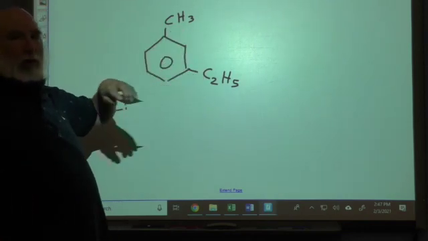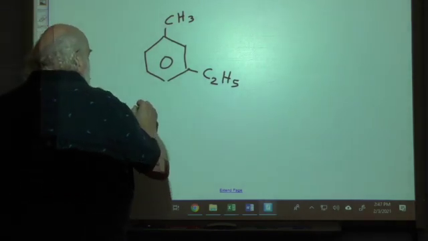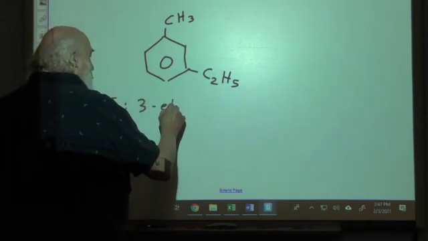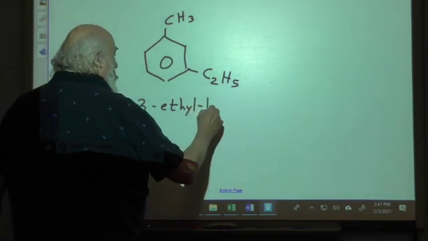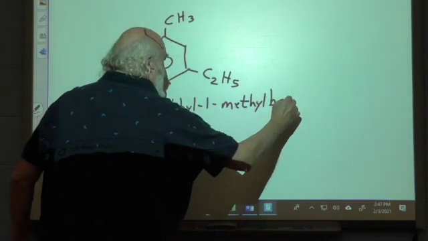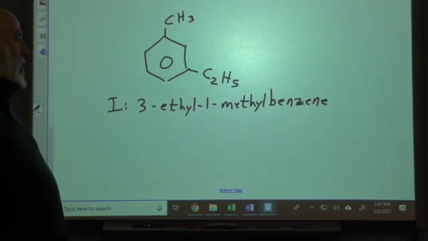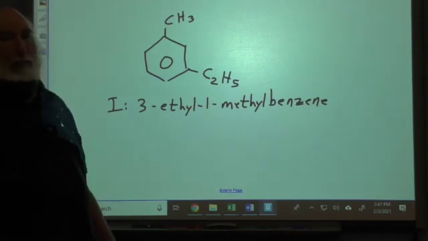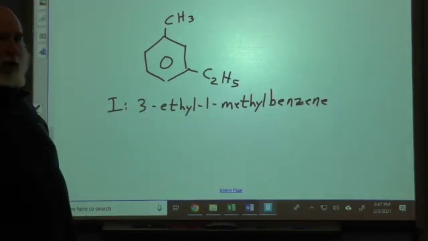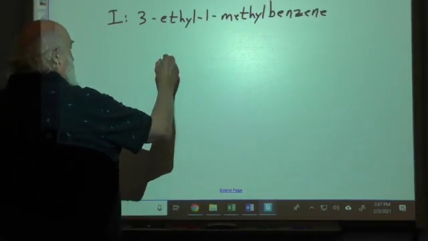When we do this, we name the attachments in alphabetical order. This is 1-ethyl-3-methylbenzene. If you're curious about the common name, this would be meta-ethylmethylbenzene. But systematically, that's the one I'm most concerned about right now that you get down. Okay?